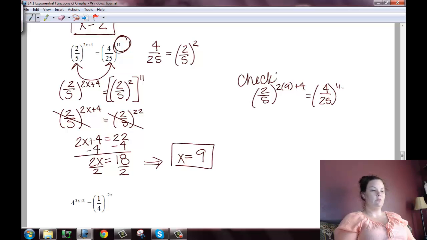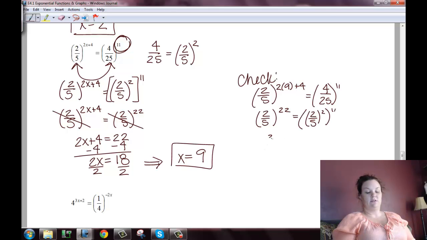So you could work this out, and you could say this is the same as 2/5 raised to the 2 times 9 is 18 plus 4 is 22. And then over here we could still replace this, right? This was 2/5 squared raised to the 11th. So notice we get 2/5 to the 22nd is equal to 2/5 to the 22nd.